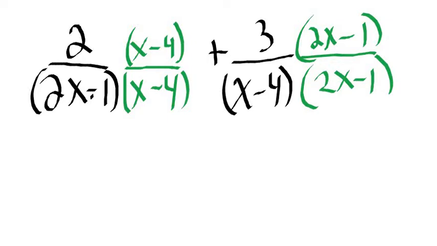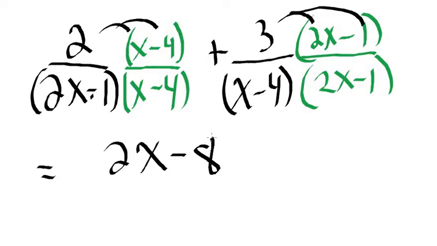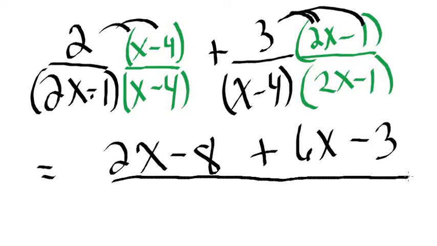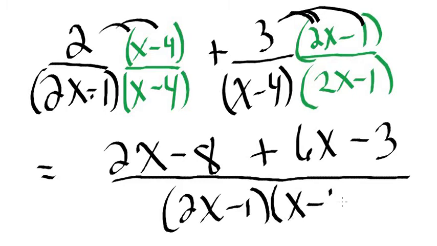So now the numerator, I'm going to go ahead and distribute this across, so I don't have to write an extra step. So this becomes 2x minus 8 plus 6x minus 3, that's all over 2x minus 1 times x minus 4.